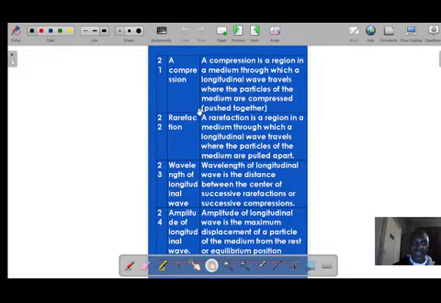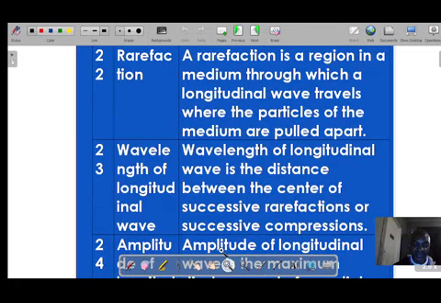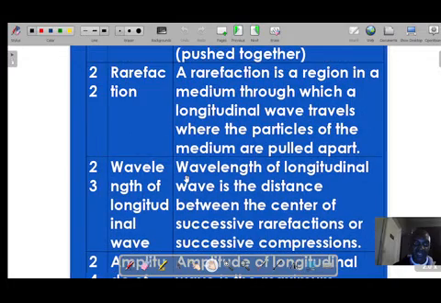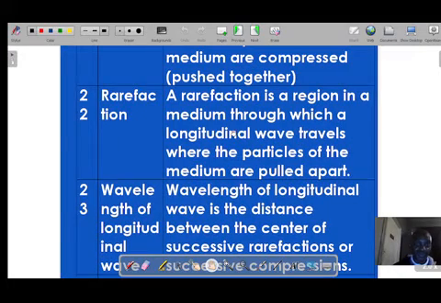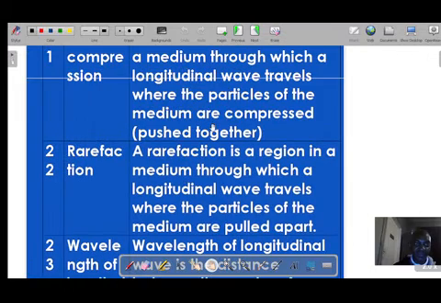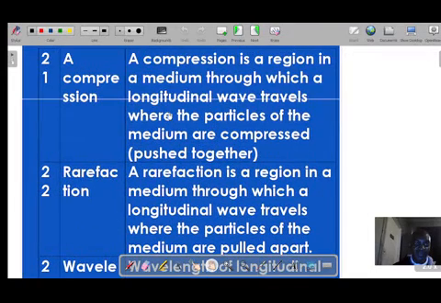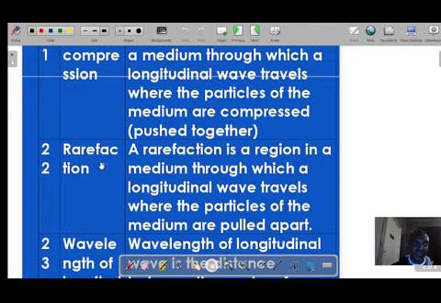Then a compression is a region in a medium through which a longitudinal wave travels, where the particles of the medium are compressed or pushed together. Then another term is called rarefaction.